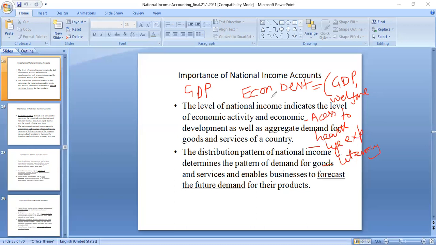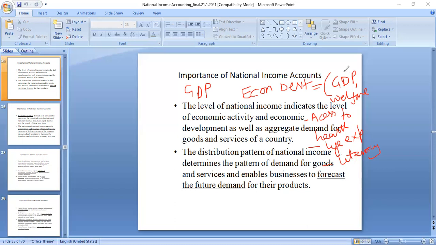You find people are poor, you find people do not have access to health services. Are we together? The roads are poor, the people are illiterate, and the life expectancy is low. So economic development will look at all those.